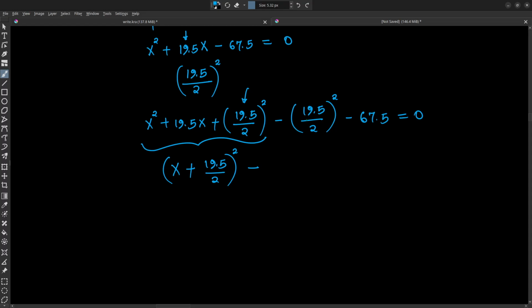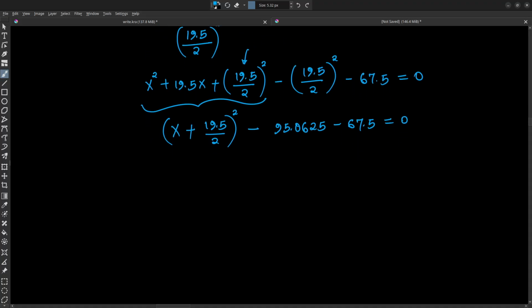So 19.5 divided by 2, let me use my calculator here. We say 19.5 divided by 2, and then we square that, and this is going to give us 95.0625. Then we still have minus 67.5, and all this is equal to 0.